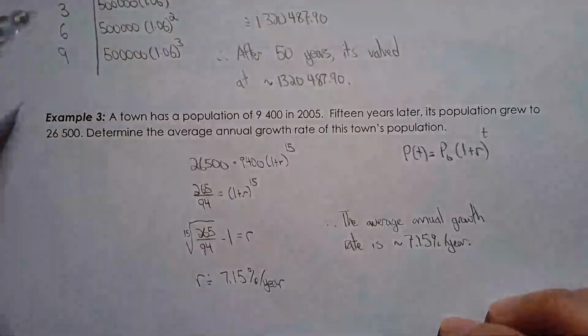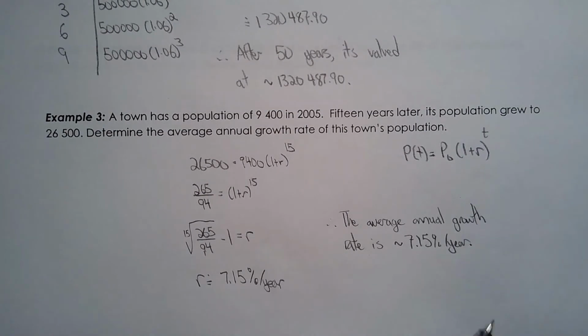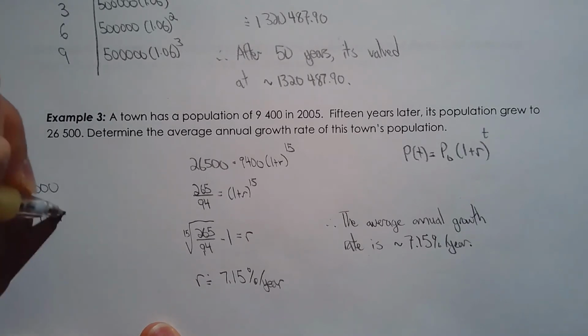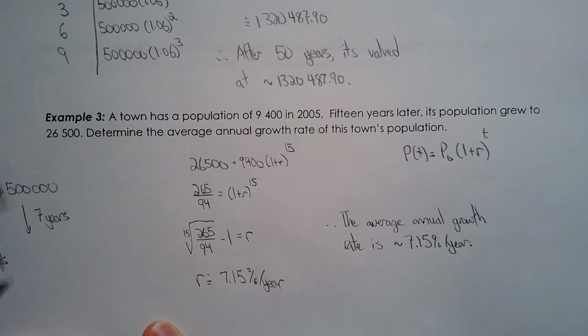So another interesting question you can do with these models is the price of homes. Let's say you bought a house for 500,000, and in 7 years the house is valued at, I don't know, let's say 1.2 million.